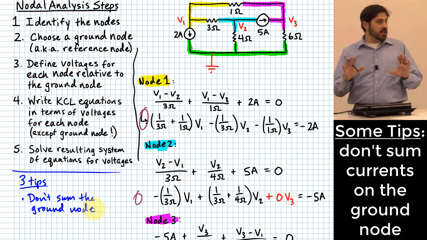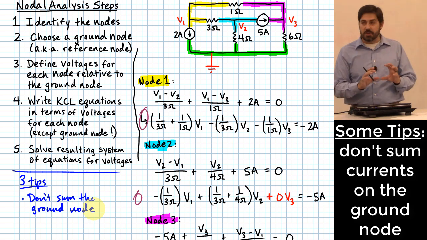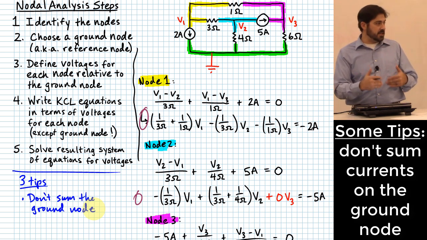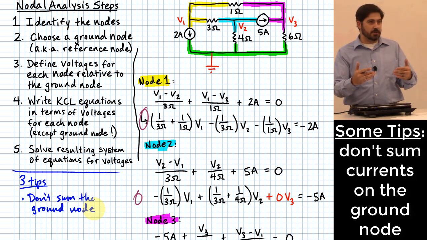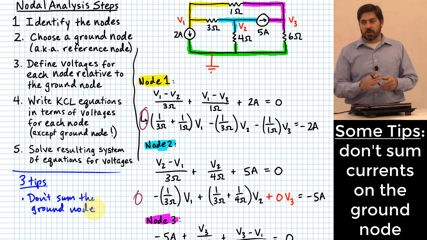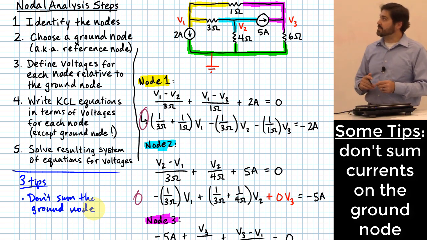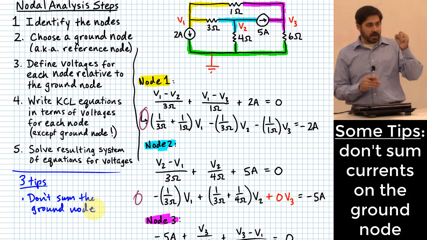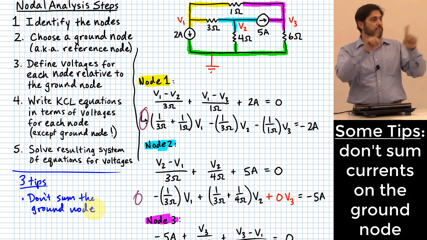If you try to do Kirchhoff's current law on the last node, you don't come up with an equation that is independent of the ones you already came up with. So this is a quick and easy way to not get yourself in trouble: just decide, I'm not going to sum currents on the ground node. I'm going to do it on all my other nodes.